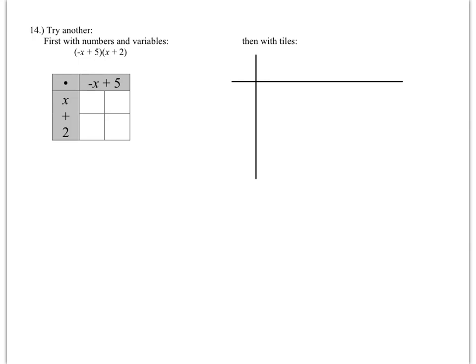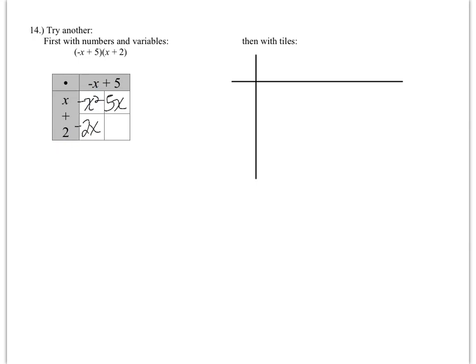If you look to get this box right here, we're going to do negative x times x, which is negative x squared. And then we're going to do this box, which is 5 times x, which is just 5x. And then we're going to do this box, which is going to be negative x times 2, which is negative 2x.